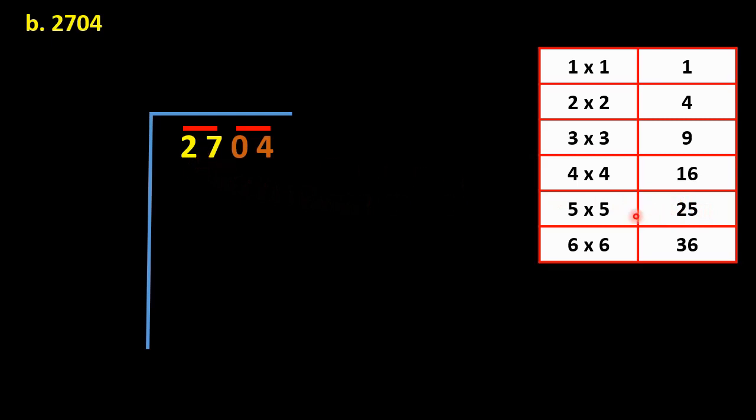So this 25 is the largest perfect square number less than 27. We got this 25 by multiplying 5 two times. So this 5 we write here, and another 5 we write here. So 5 into 5 is 25, and then we subtract from the first period. 27 minus 25 is 2.